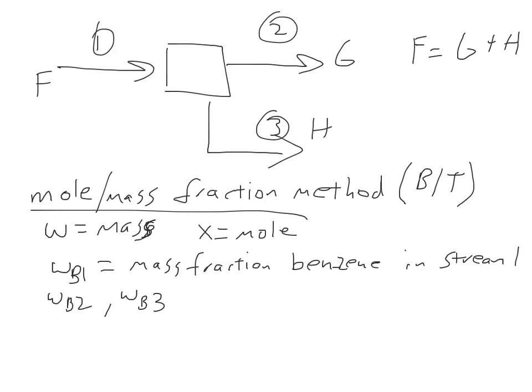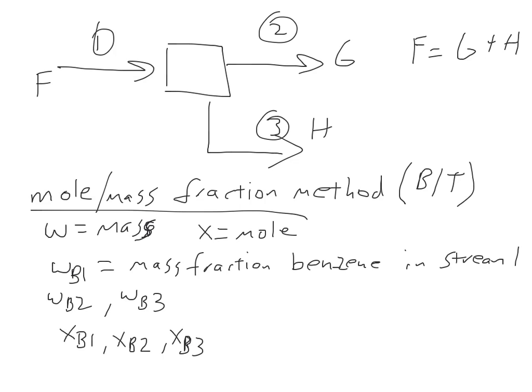I could also write out alternatively XB1, XB2, XB3, which would be the mole fractions. So there's a relationship between mass and mole fractions, and depending on what units we're using for a problem, we may work out the problem in terms of mass fractions or mole fractions.